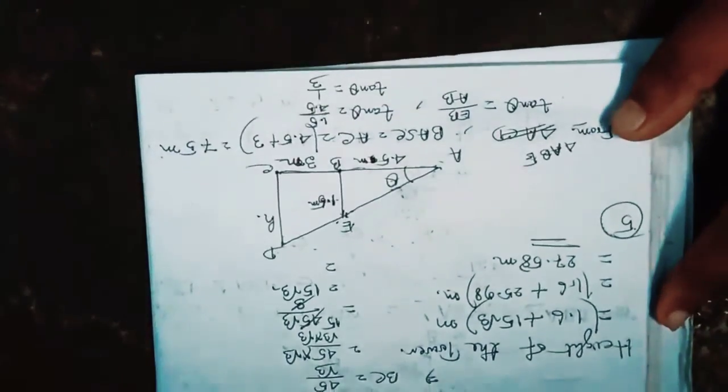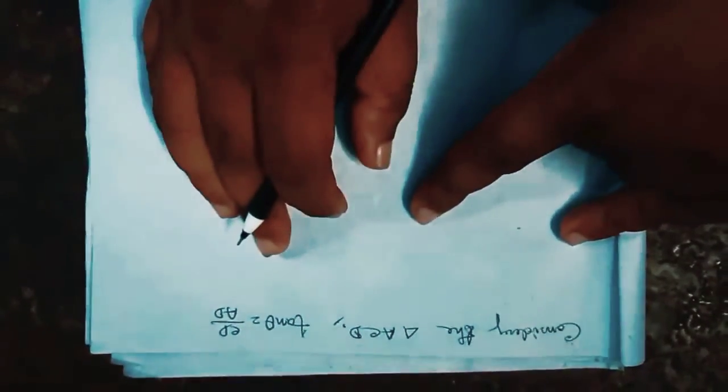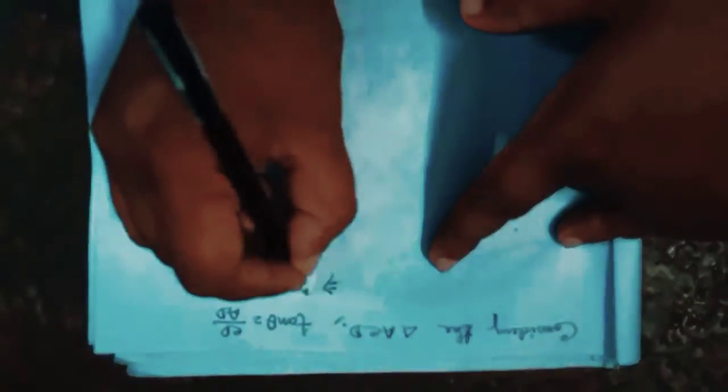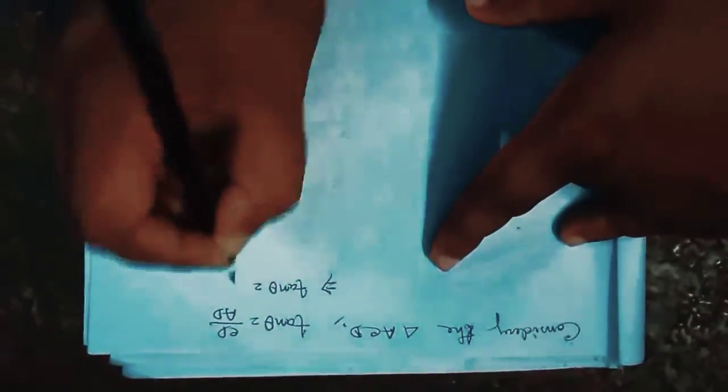Now we are considering the triangle ACD. Here the angle of elevation should be the same, so tan theta should be CD by AC.